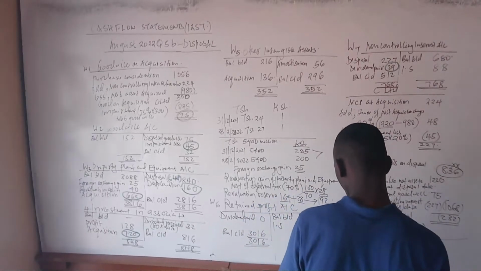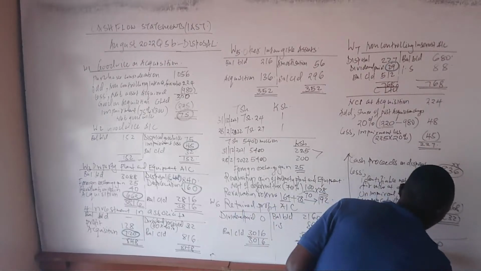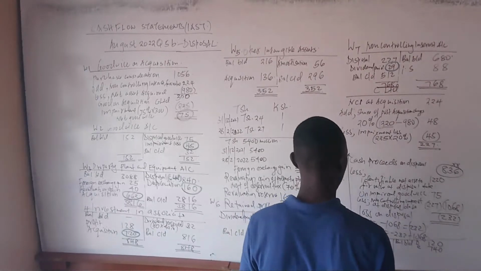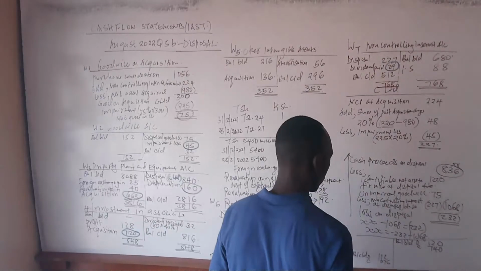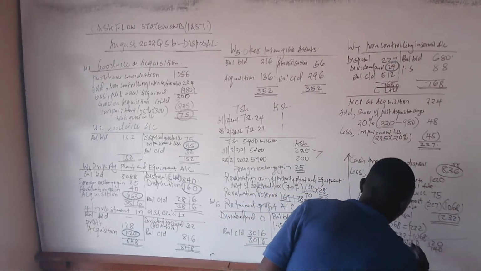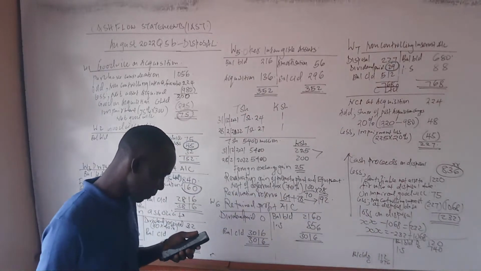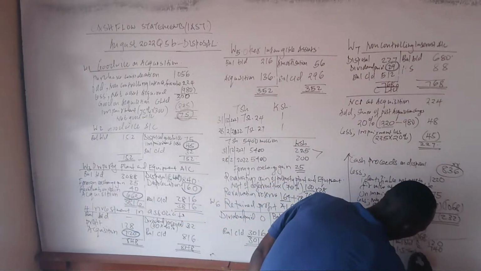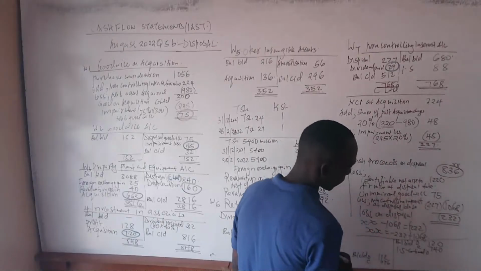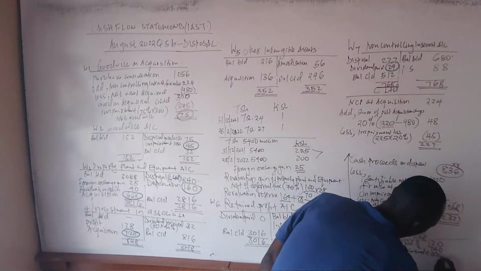Go to the current. At the beginning we have how much? The current at the beginning we have 740. At the end? 376. Then from the income statement, from continuing operation, income tax expense was how much? 320.